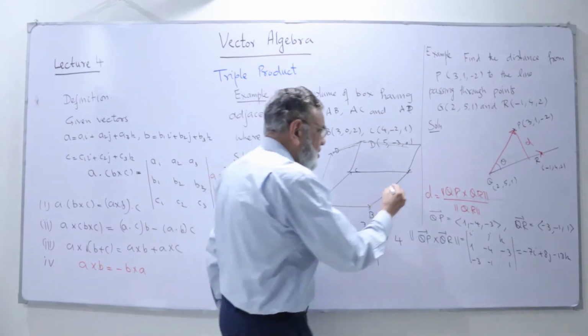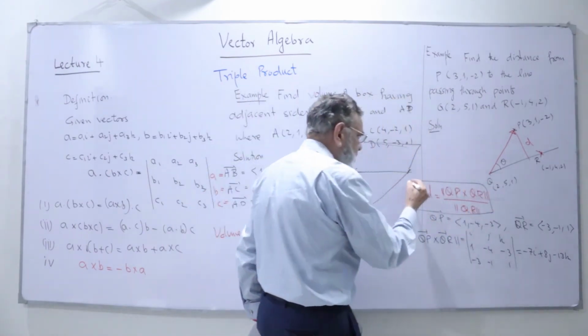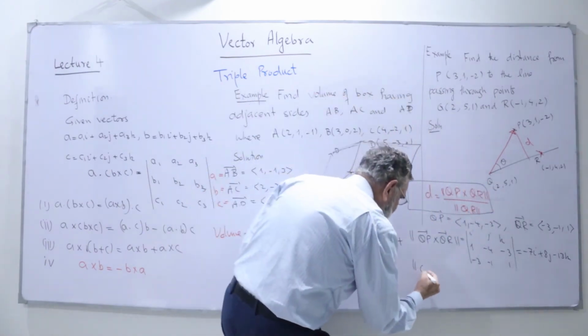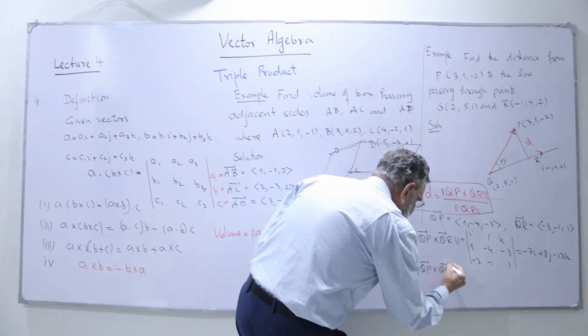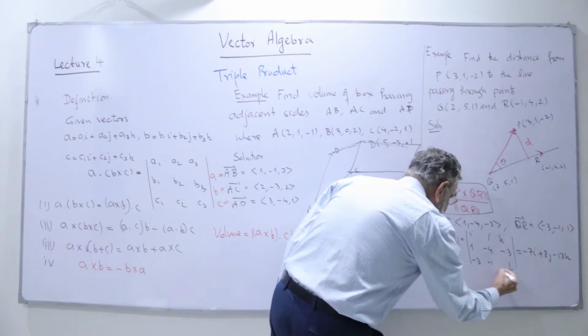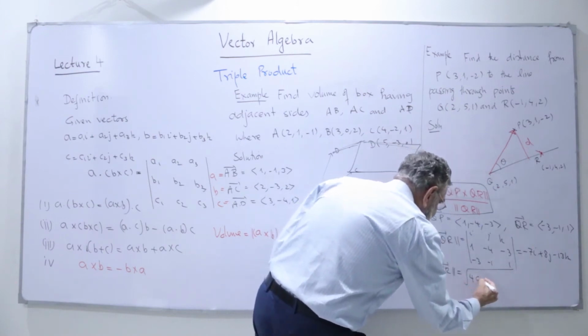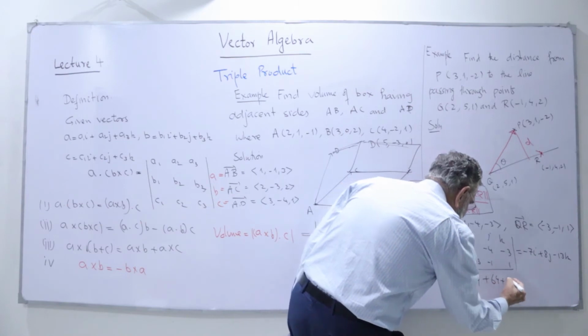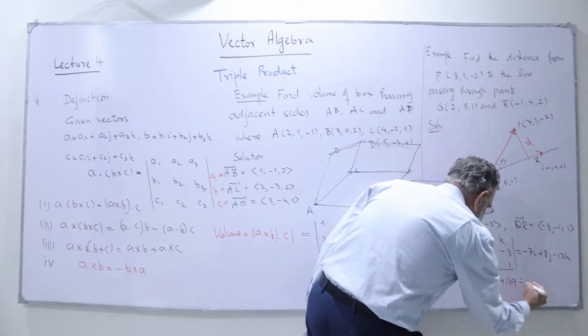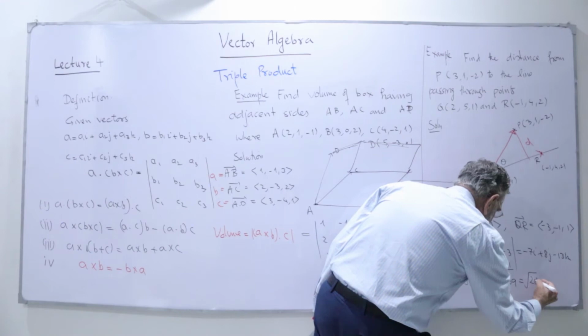Now next we want to substitute in this formula. We need the magnitude of QP cross QR. We take the magnitude, which is the root of the square of 7, which is 49, plus the square of 8, which is 64, plus 169. We add it and get 282.